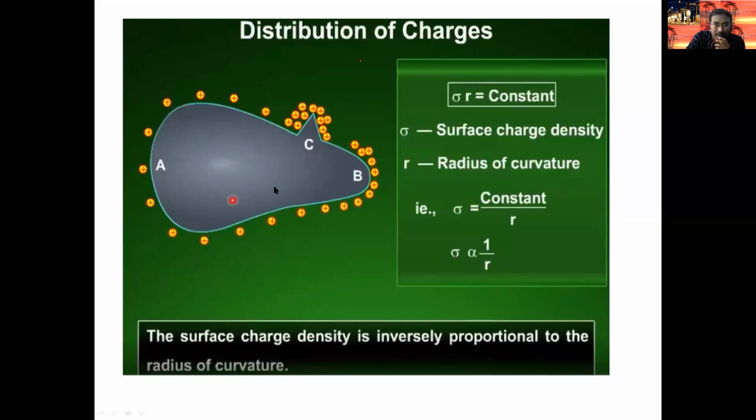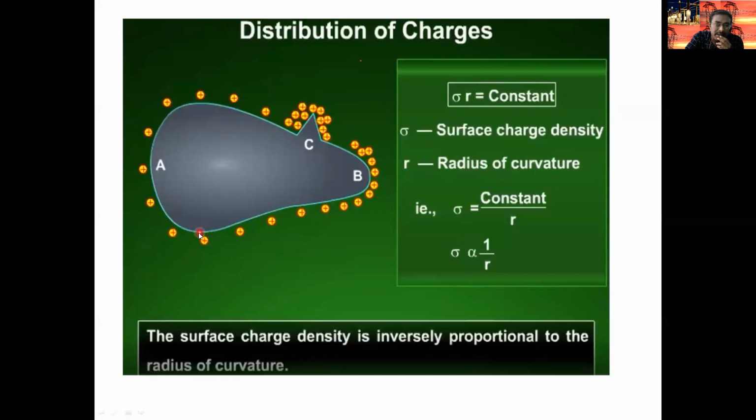Try to consider here three different types of curvatures, A, B, C. Three different types of curves I'm taking here. All of you draw this diagram. At A, the radius of curvature is very high.